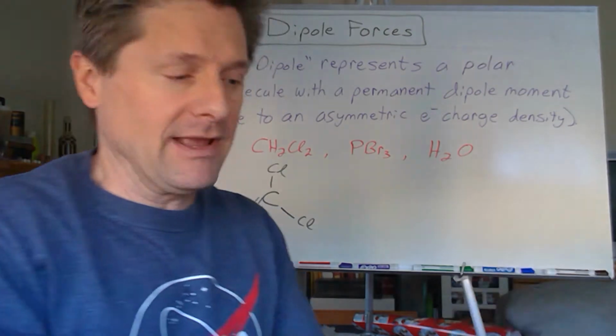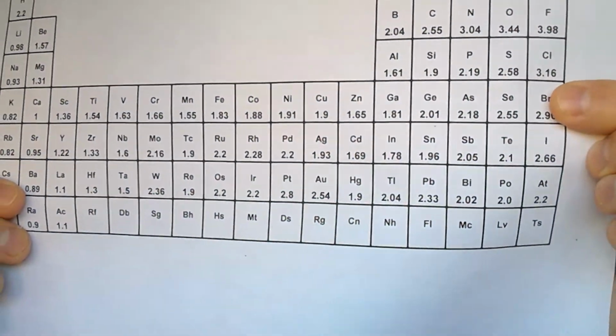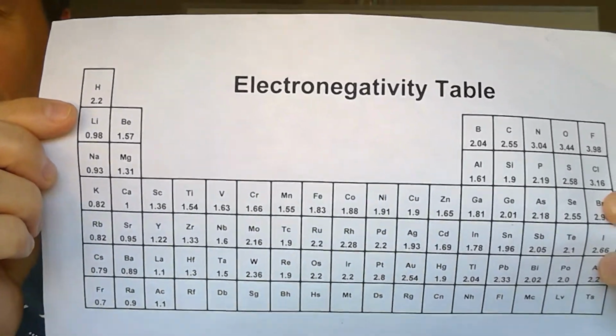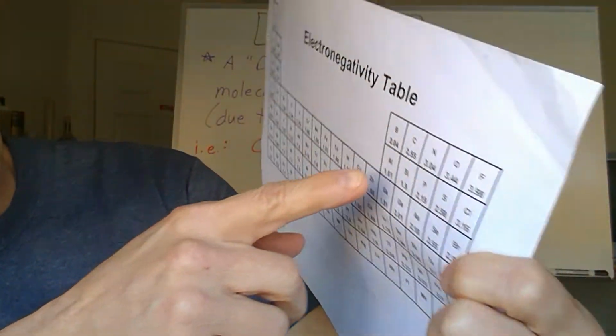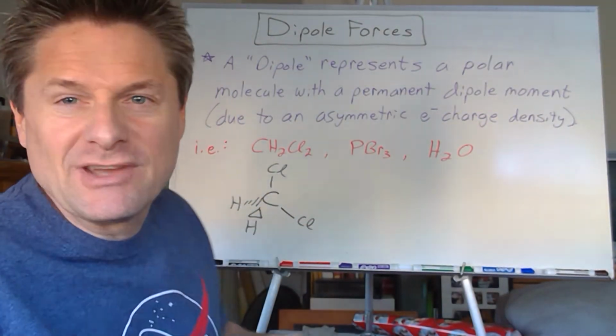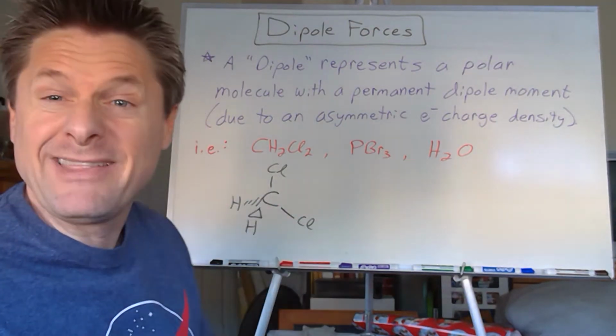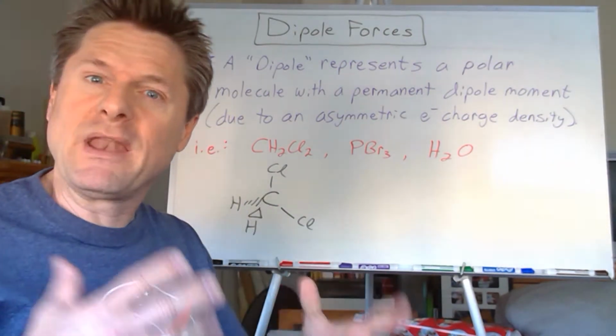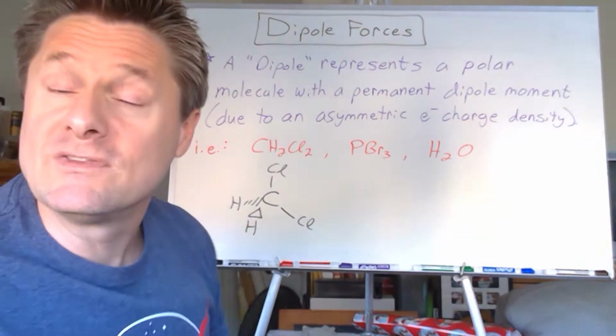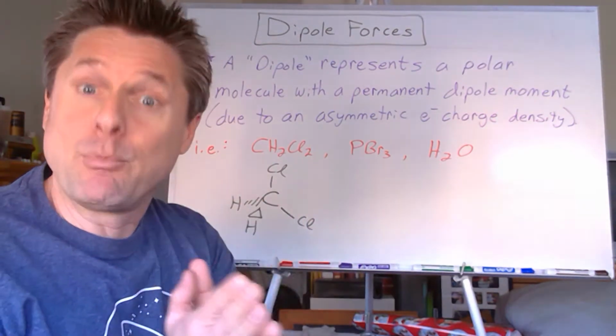Always have a nice electronegativity table around with you. So you can see chlorine is about a 3.16. Hydrogen's a lot lower, 2.2. Carbon is a 2.58. So the difference between the carbon-hydrogen, 0.35, we'd consider that a nonpolar bond, but the carbon-chlorine difference is greater than 0.4, depending on what your professor uses to designate nonpolar bond versus polar bond.